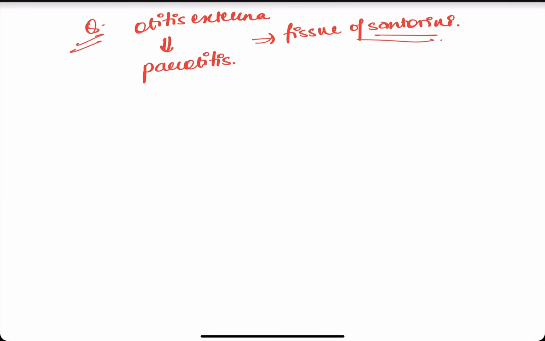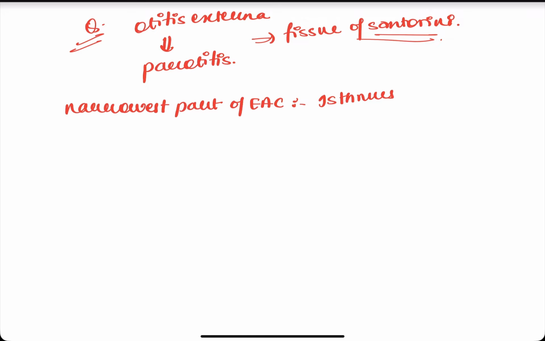Next, there is a narrowest part of the external auditory canal, which is known as the isthmus, and it is 6 mm lateral to the tympanic membrane.